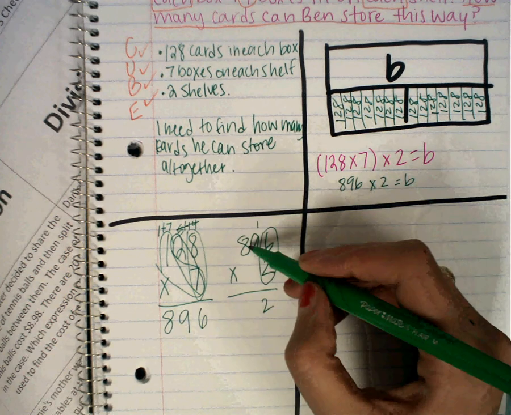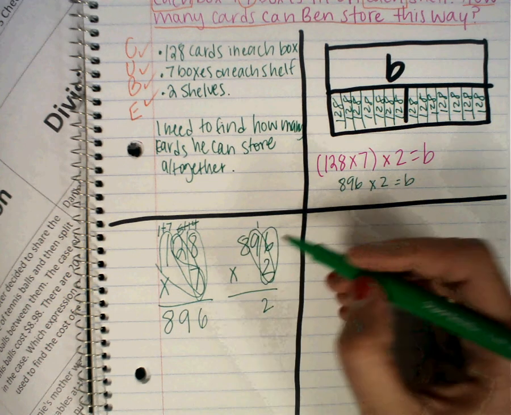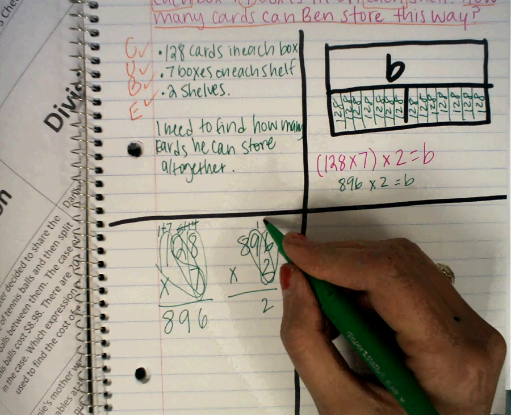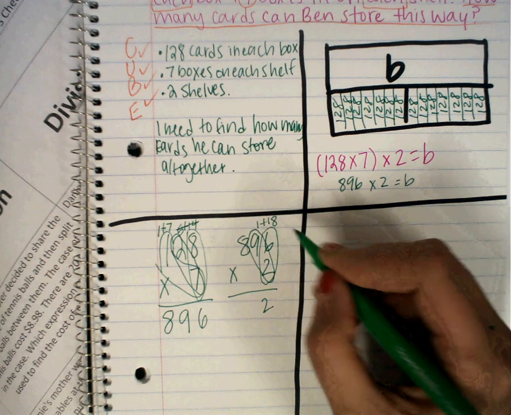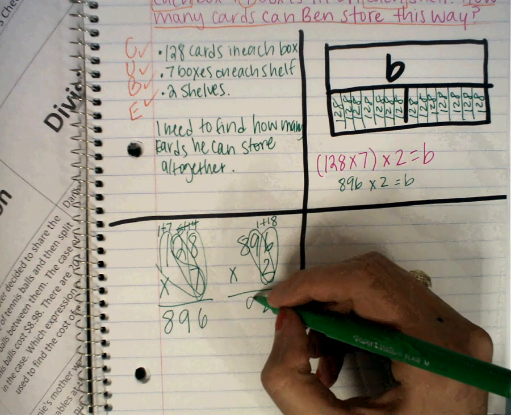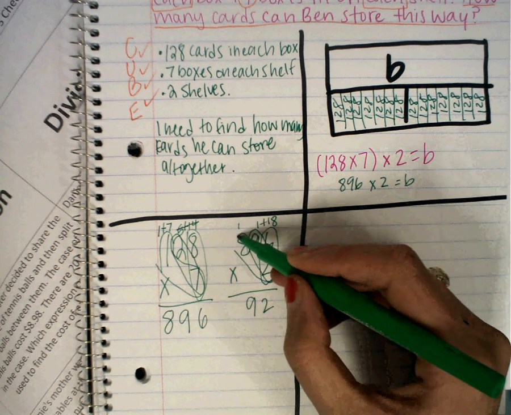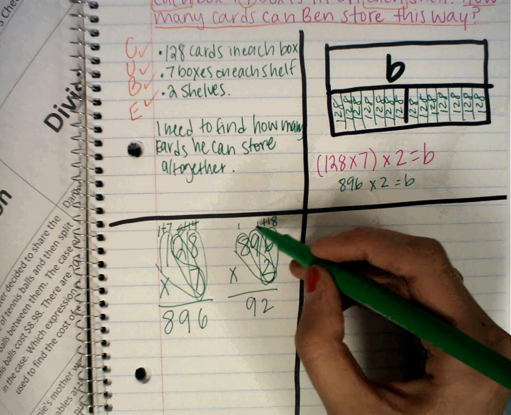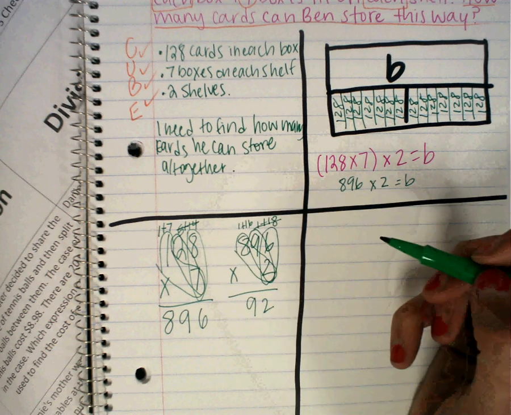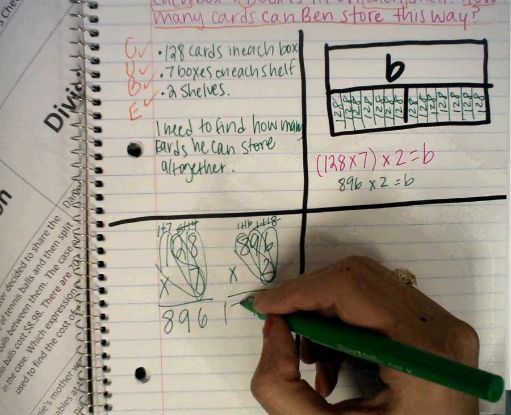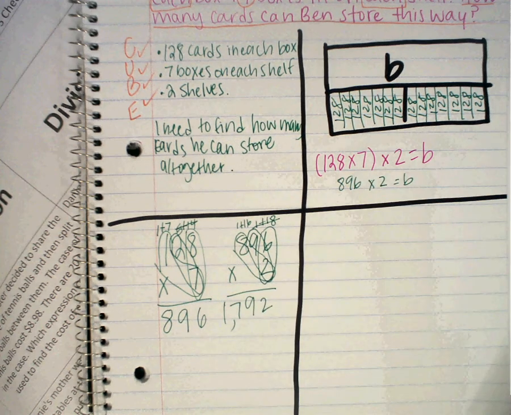All right, next is 9 times 2. What is 9 times 2? 9 times 2 is 18, plus the 1 up there, don't forget about him, is 19. Okay, 8 times 2 is 16, plus 1 is 17. So, I got 1,792.